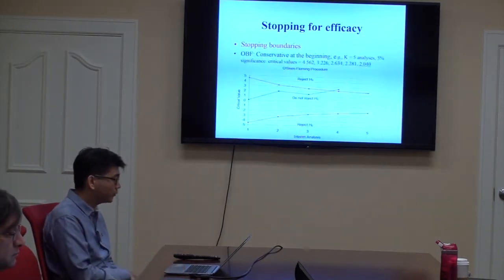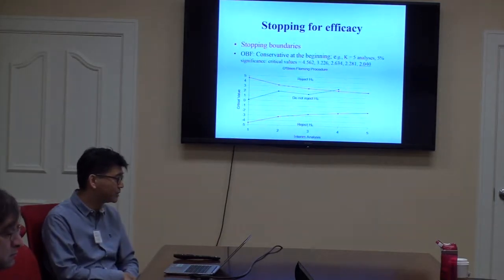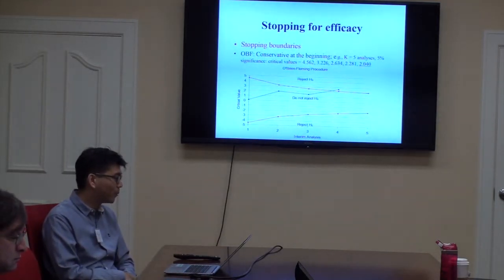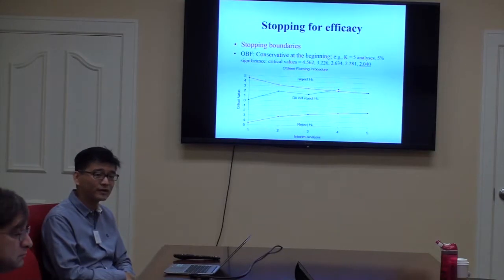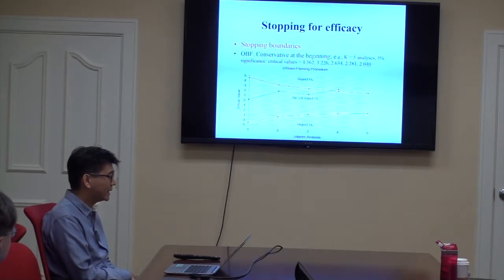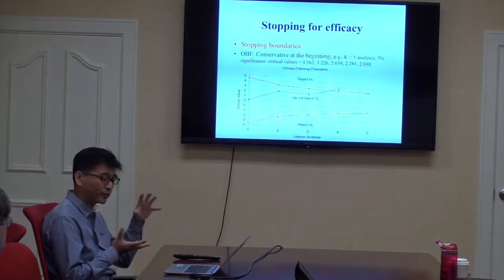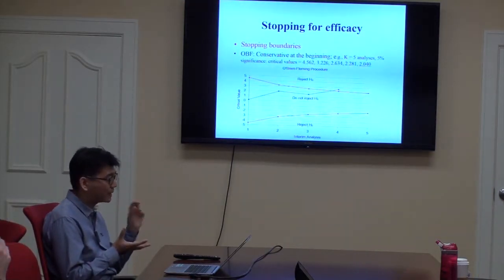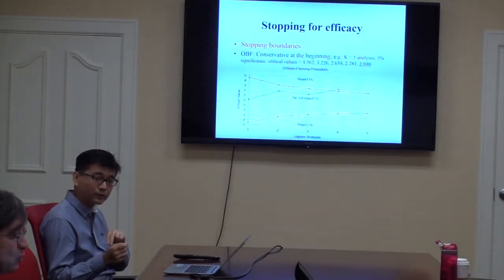And for that reason, people tend to use the O'Brien-Fleming. Actually, in all the phase 3 trials that I've seen that have an early stopping rule for efficacy, I have not seen one that is not using O'Brien-Fleming. The reason is, it's very conservative at the beginning, so that we have some alpha left at the final analysis.